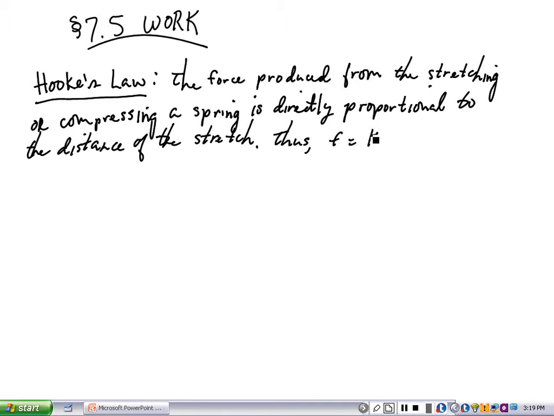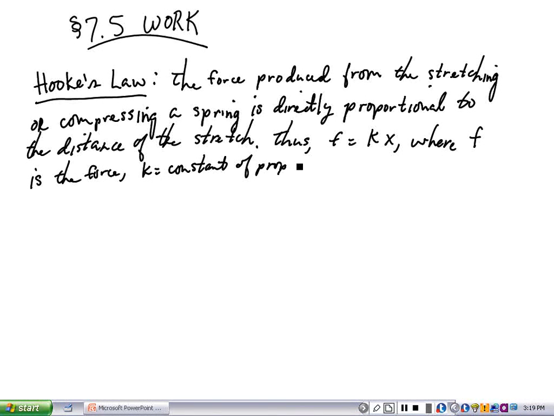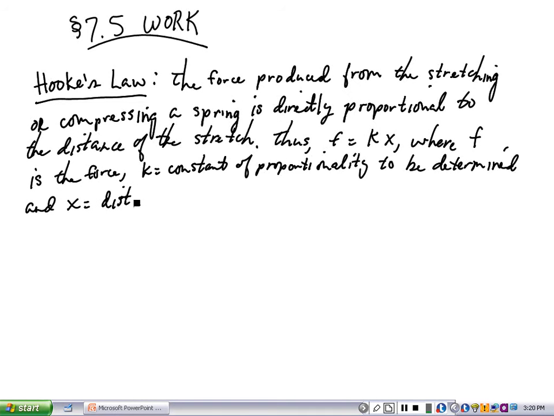Thus, the force is equal to some constant times x, where F is the force, k is some constant of proportionality to be determined, and x is equal to the distance of the stretching or compression.